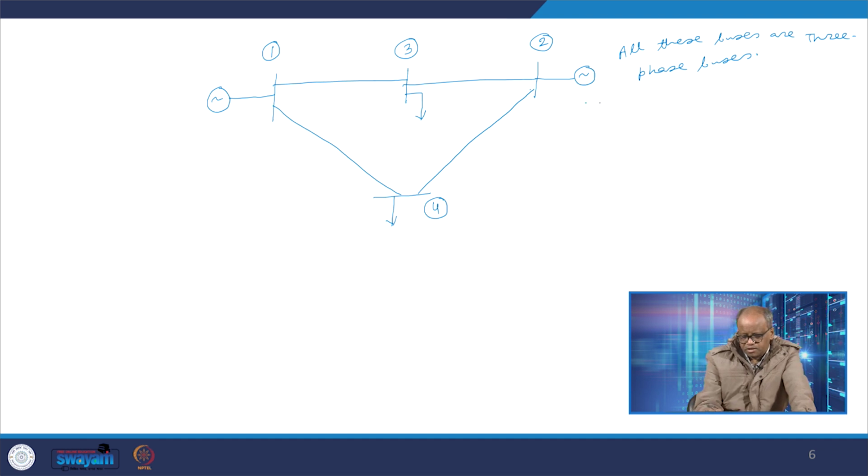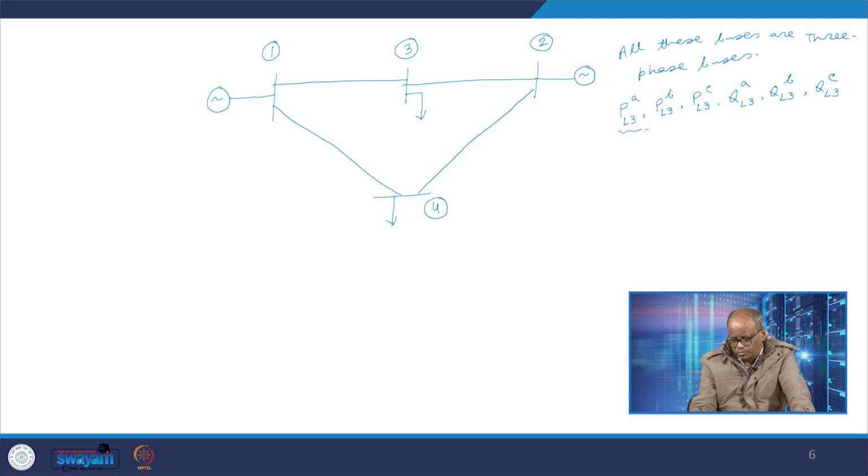Now at bus 3, loads means these are 3 phase loads. So the loads are essentially PL3A, PL3B, PL3C, then QL3A, QL3B, QL3C.